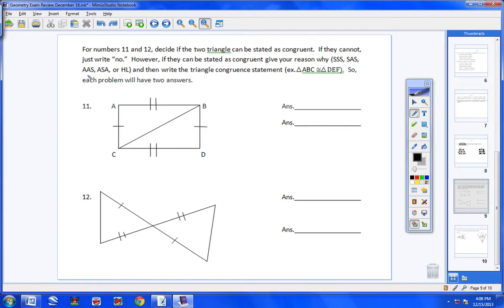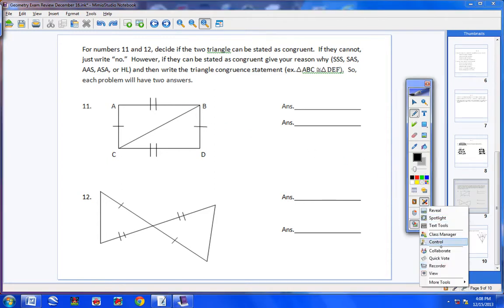If we have angle angle side of one triangle congruent to angle angle side of another triangle, then the 2 triangles are congruent. If we have angle side angle of a triangle congruent to angle side angle of another triangle, then those 2 triangles are congruent.